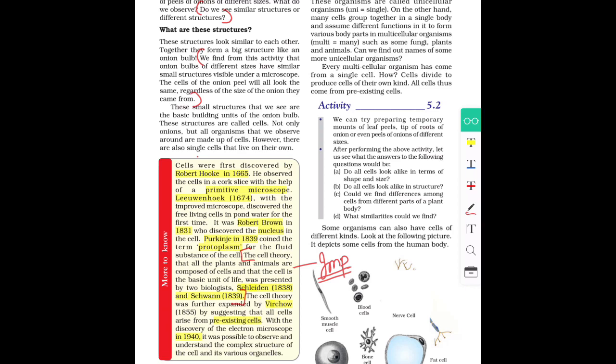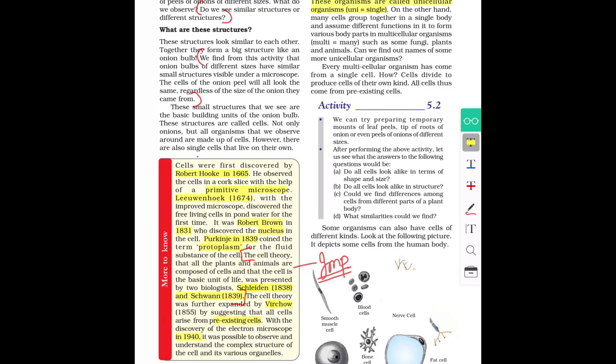It is now known that a single cell may constitute a whole organism, such as amoeba, Chlamydomonas, Paramecium and bacteria. These organisms are called unicellular organisms. Uni means single. As these organisms have only one cell, they are called unicellular organisms.